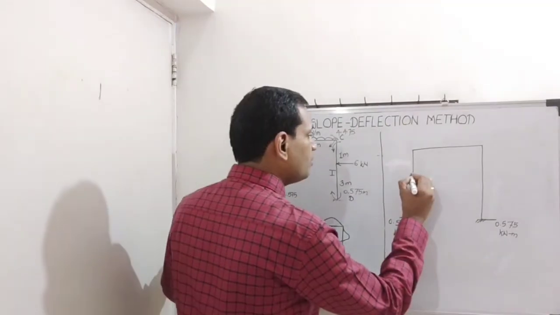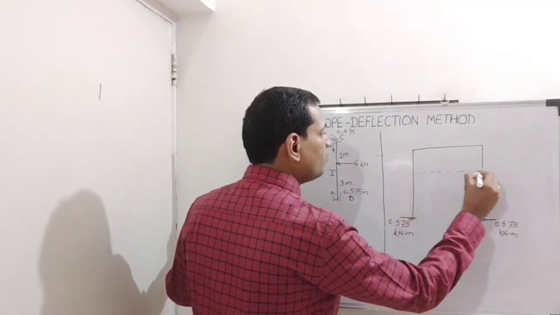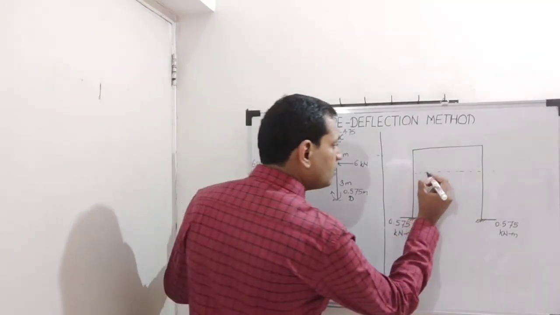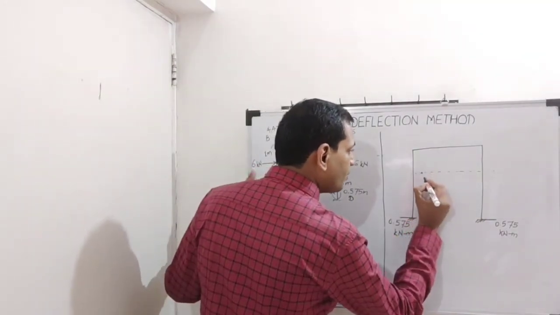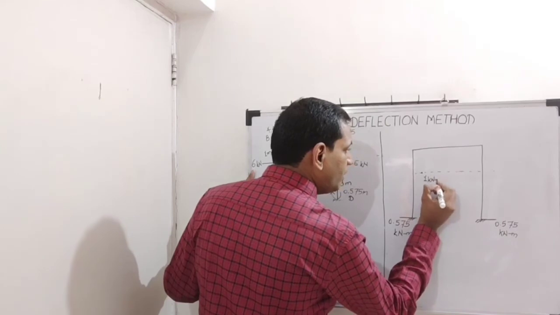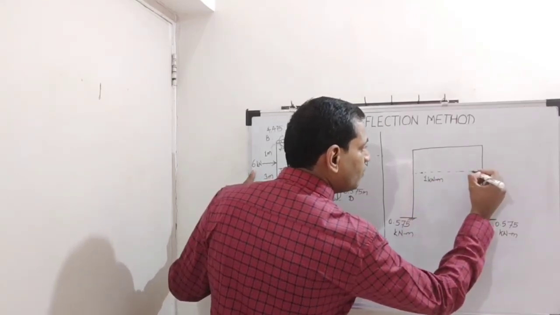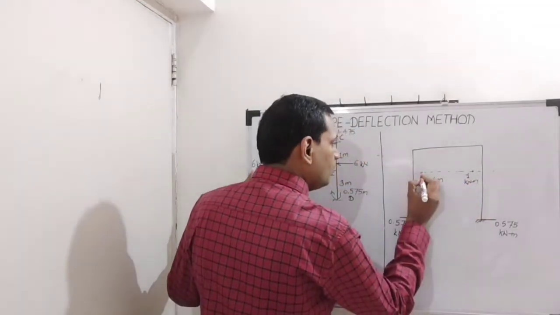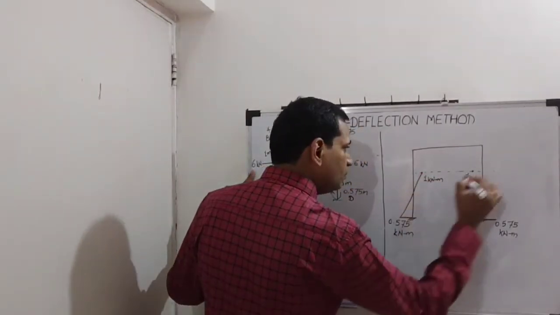So on this location here we shall plot the ordinate on right hand side because deformed shape is on right hand side. So here 1 kilonewton meter, and on this end left hand side of the column. So join these 2 points.